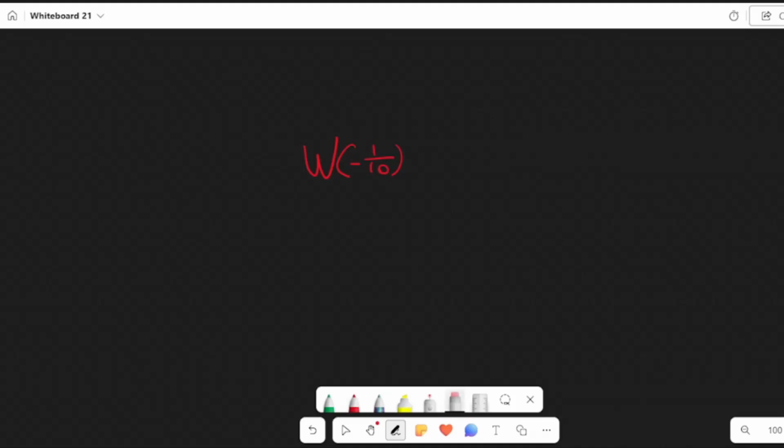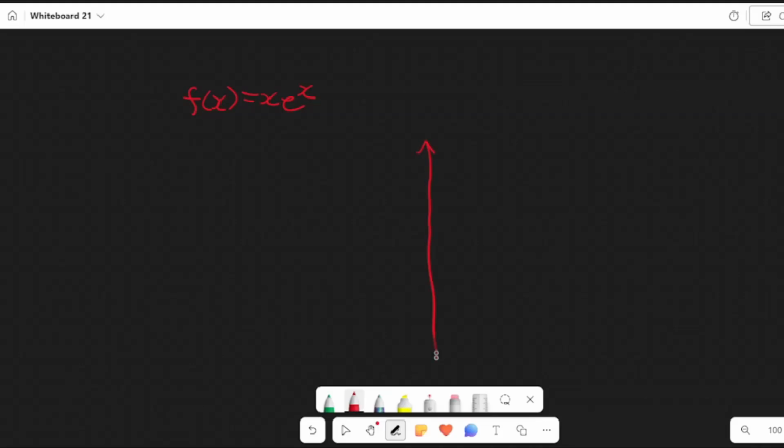And the reason for this is actually, if you look at the function x times e to the power x on a graphing calculator, you'll notice that this function does not always have unique outputs.